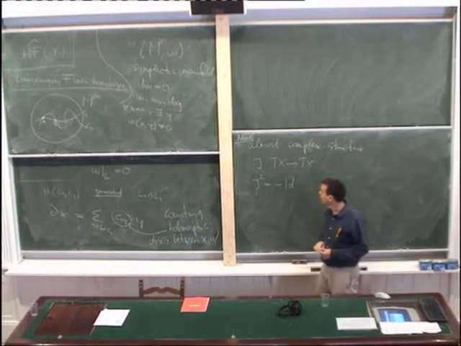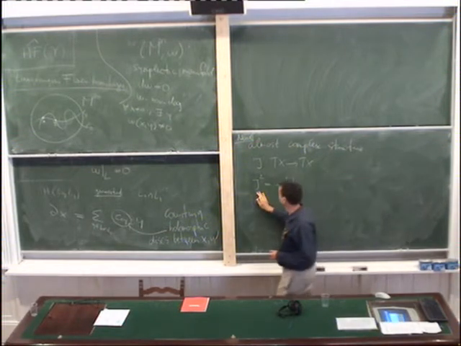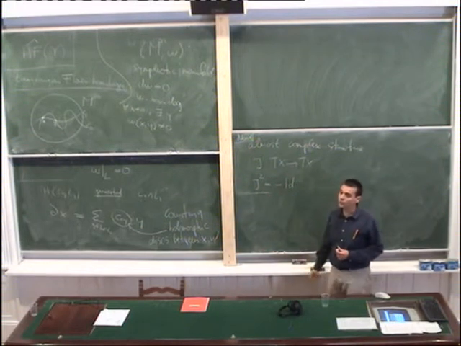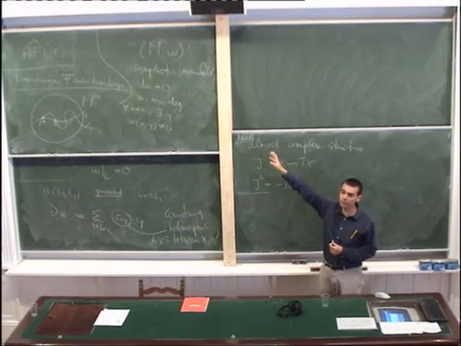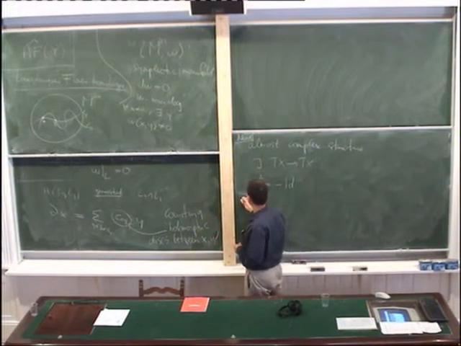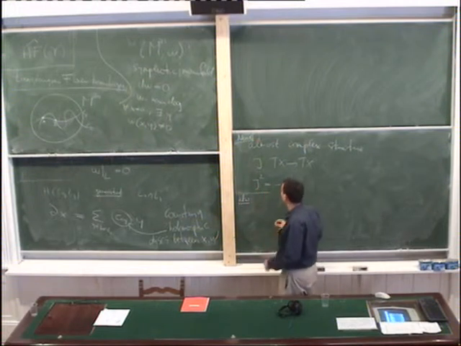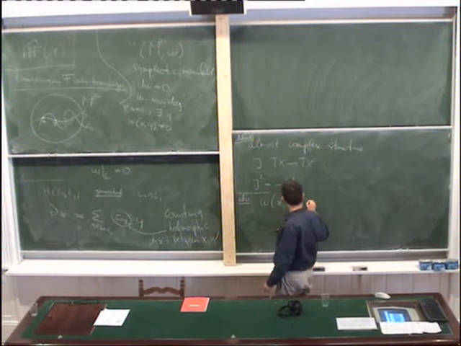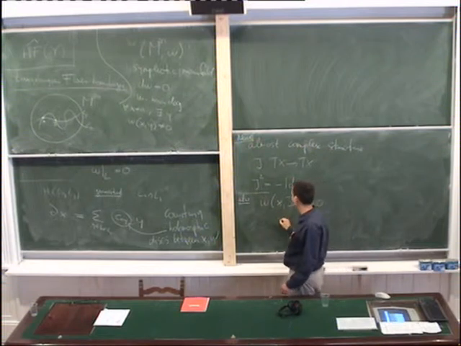It also has to be an almost complex structure that has something to do with the symplectic structure, so we also need the condition that omega(x, J(x)) is greater than 0 for x not equal to 0.